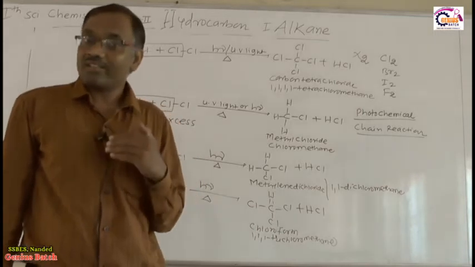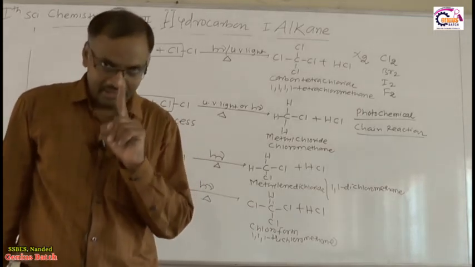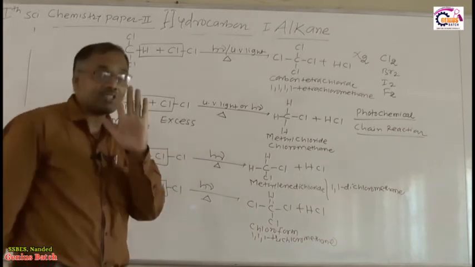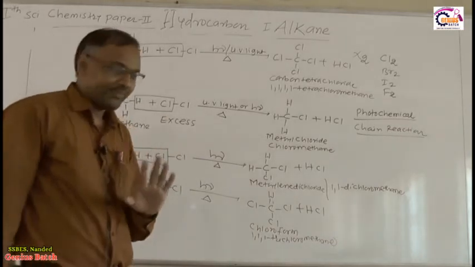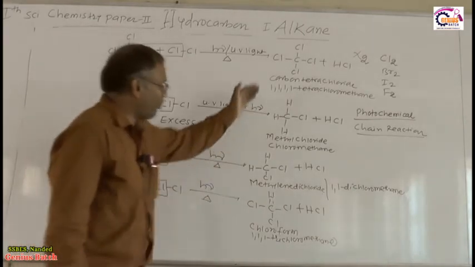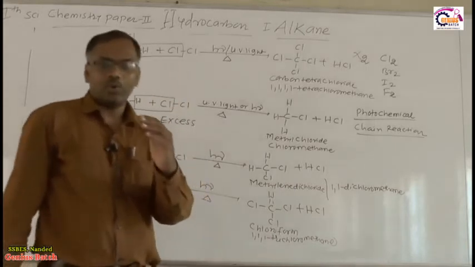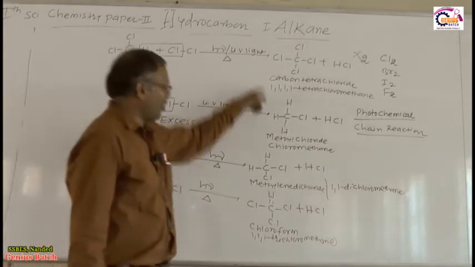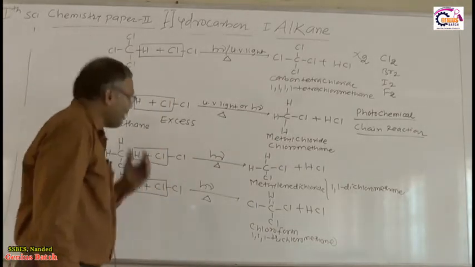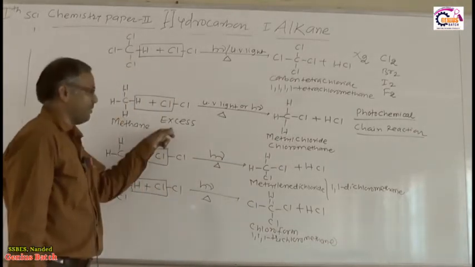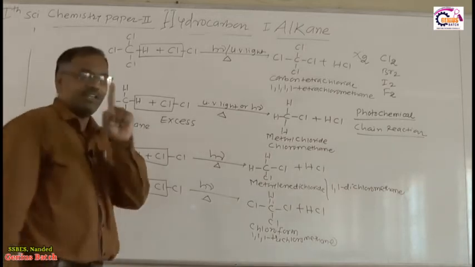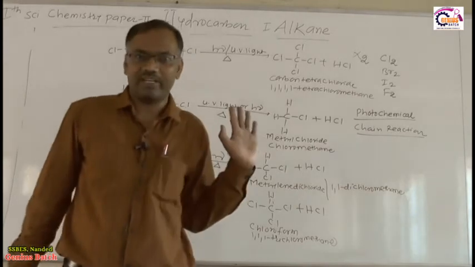When methane is reacted with excess chlorine, these 4 products are produced, but if excess methane is taken, you will get only one product. So here the 4 products are polychlorinated products. But if excess methane is taken, you will get only one product, that is the monochlorinated product.